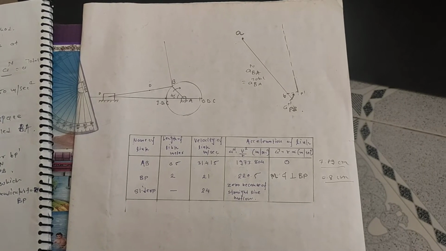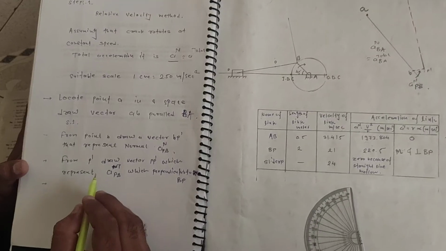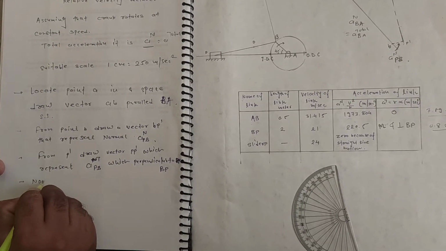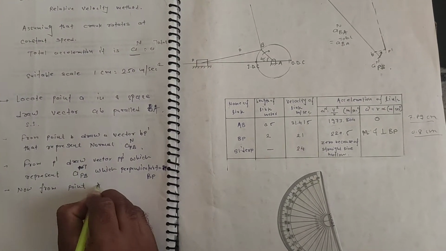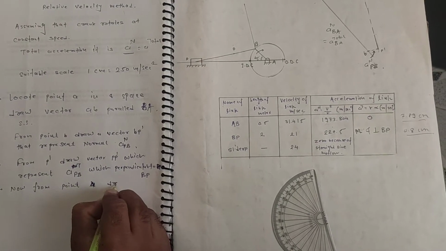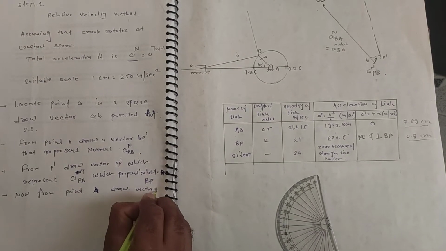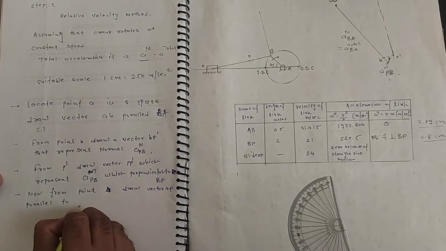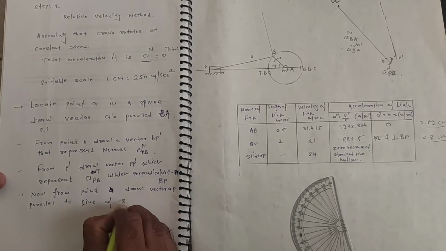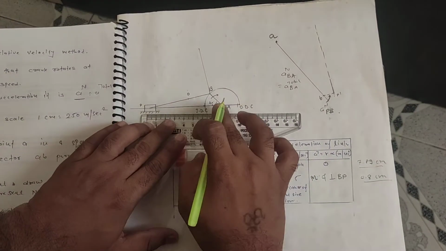For the other component, from point A, small a, draw a vector AP that is parallel to the line of stroke. Okay, so that magnitude is not required, but this is the A and P.